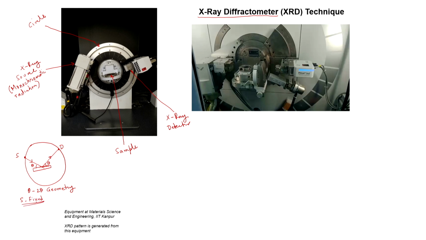Now, in order to keep the angle of incidence and the angle of reflection the same with the surface of the sample, if the sample rotates by theta, detector D has to rotate by 2 theta.